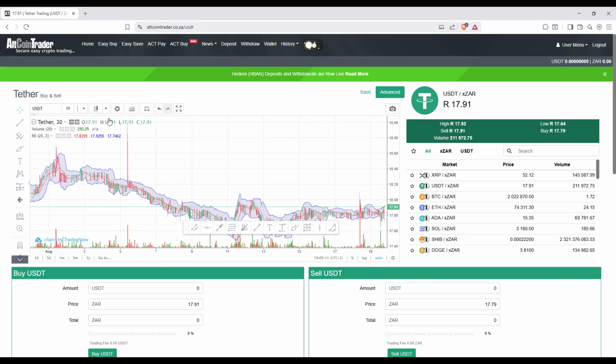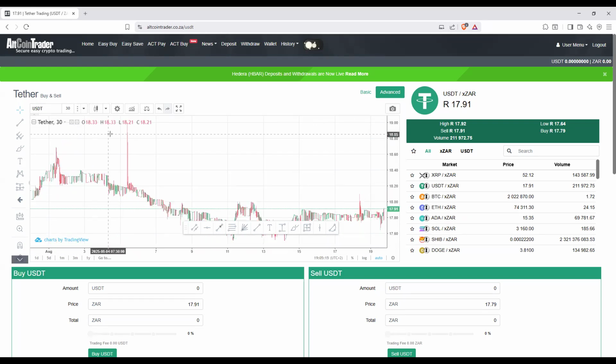But in this case, it's going to be different. And I'm going to close that, so we have a clear screen. It's going to be a little bit different in the sense that some of these lines are what traders need to be using besides all the indicators.